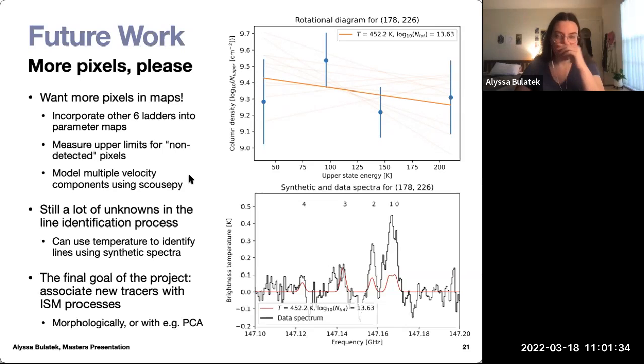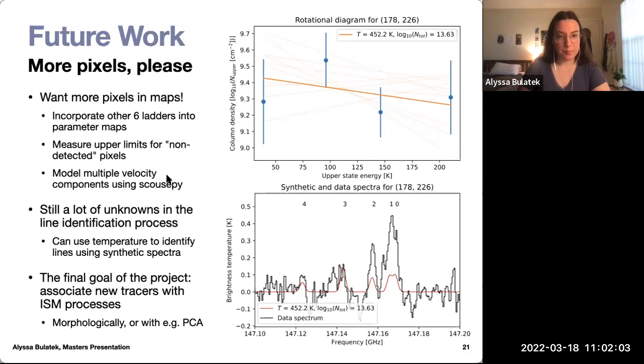But there's also some more systematic issues, one of which is, if you'll remember back to the signal mask that we looked at, there were all those different velocity components at like 10, 20, and higher kilometers per second. I didn't do any modeling of multiple velocity components. All of the fitting that I did assumed a single velocity for the emission.